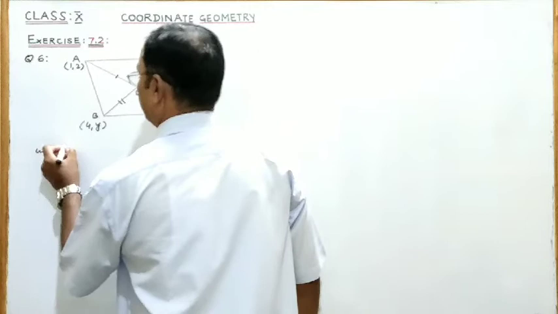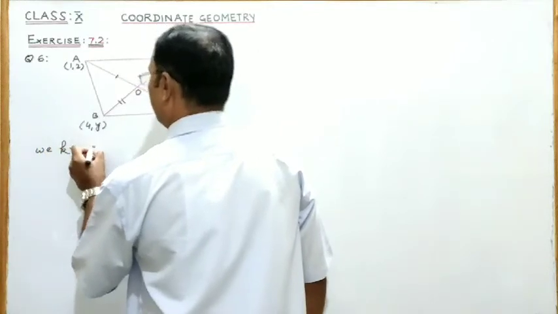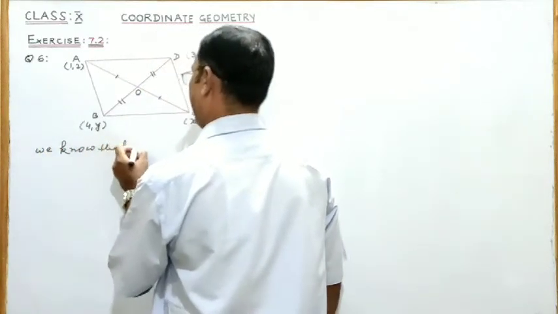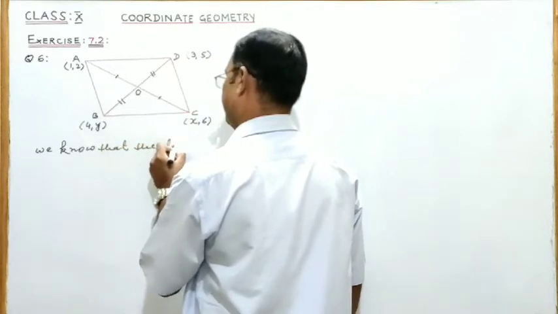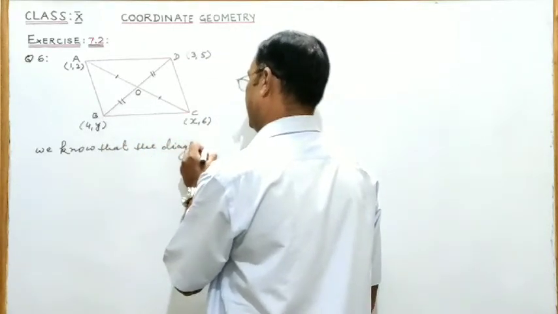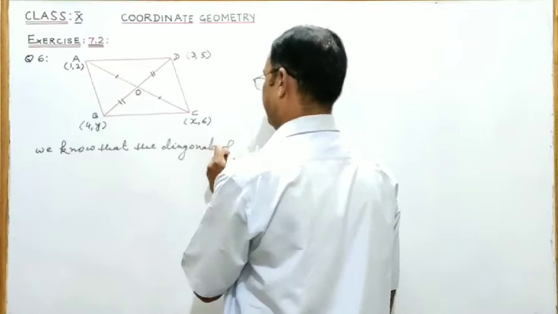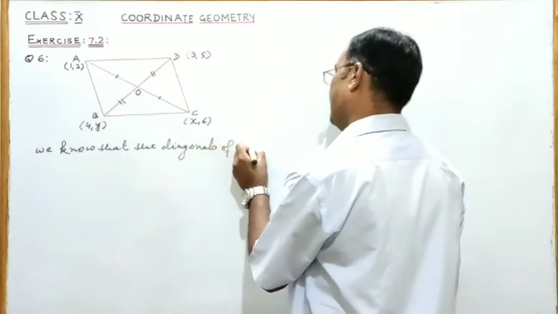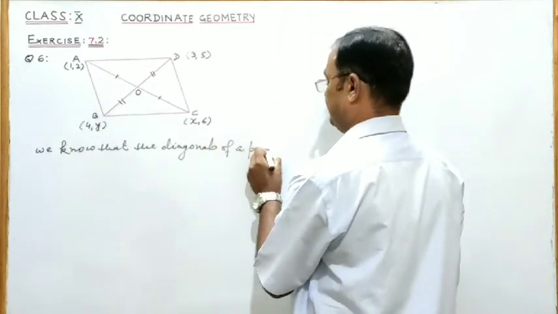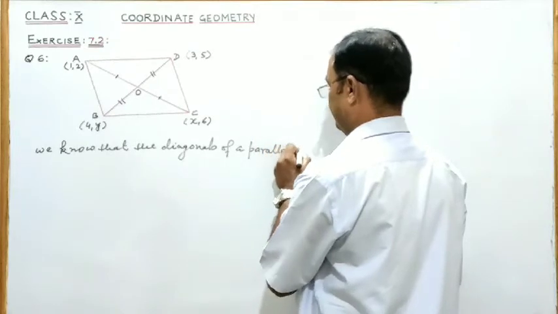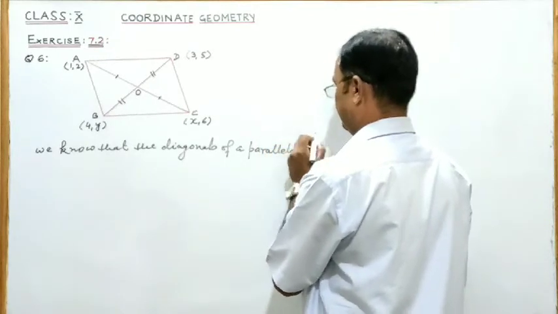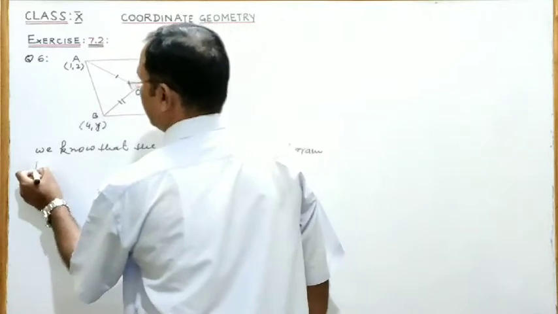So we know that the diagonals of a parallelogram bisect each other.